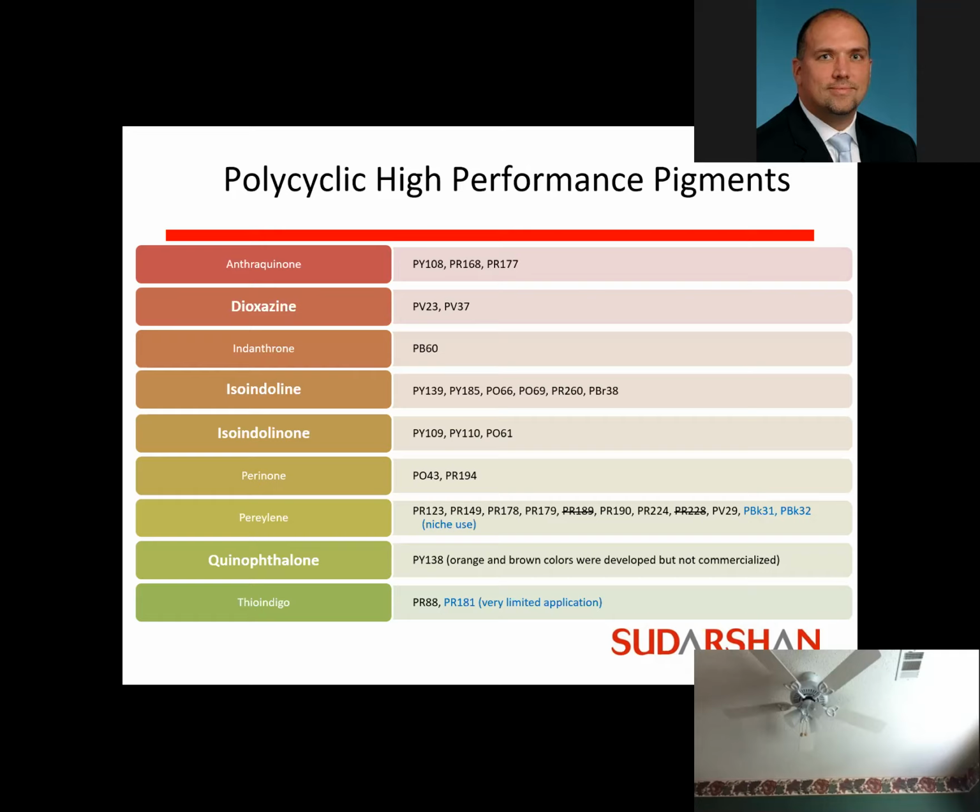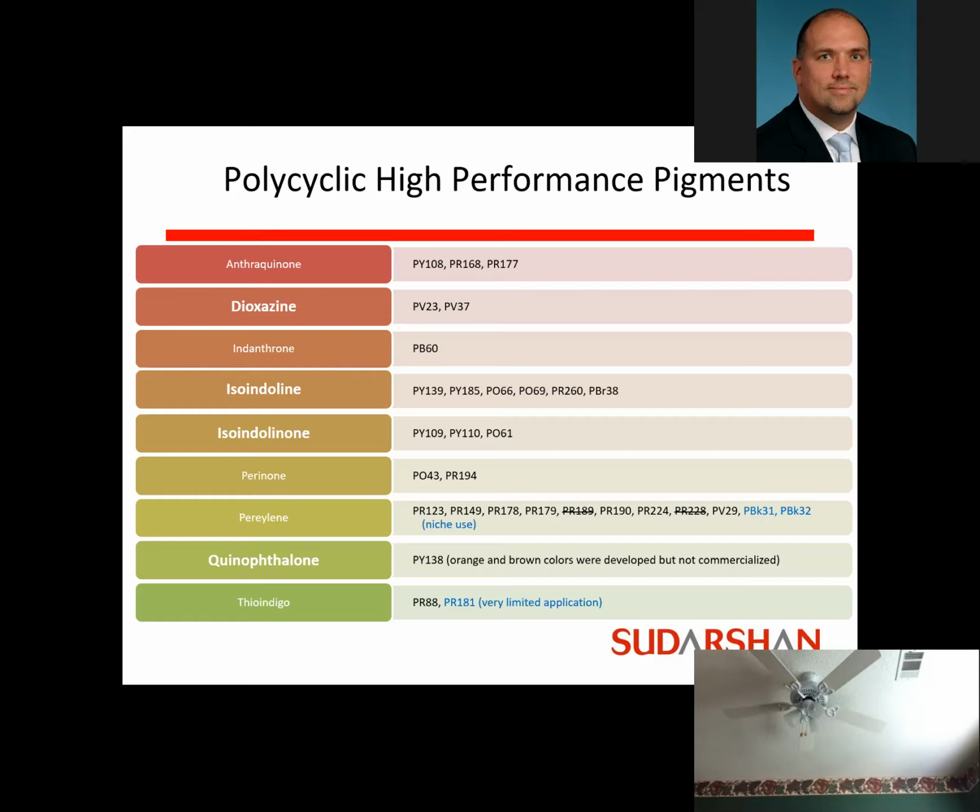These have fairly recently been removed from a commercial aspect for various reasons. And then the two blacks, the black 31 and the black 32, as I indicated, have much more of a niche type of usage.